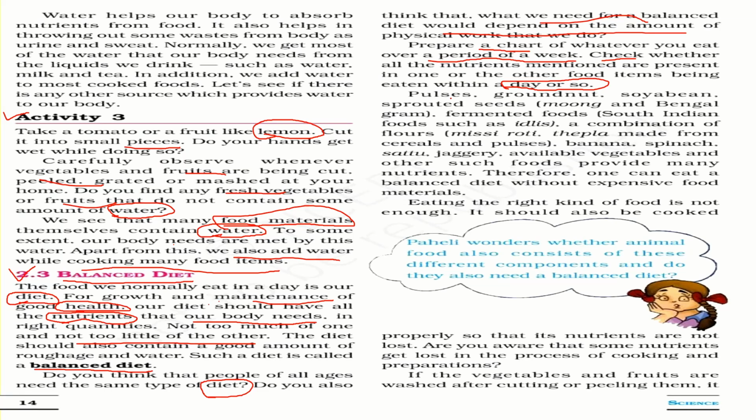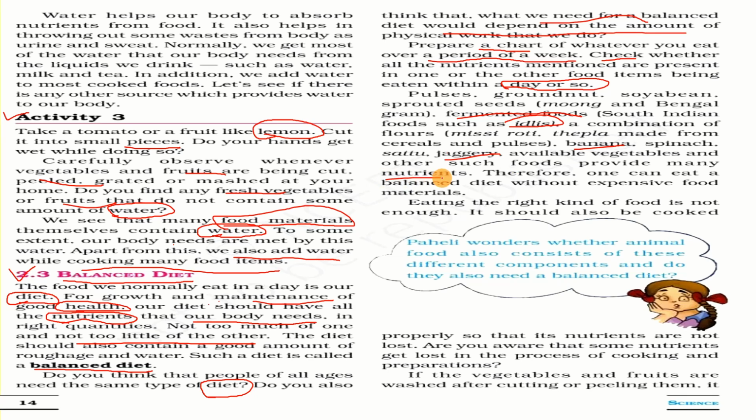Okay, next, pulses, groundnuts, soya beans, sprouted seeds, fermented foods like South Indian foods such as idlis, a combination of flours like roti, chapati and other pulses, banana, jaggery, available vegetables and other such foods provide many nutrients.